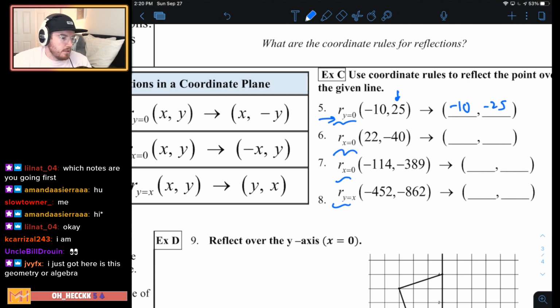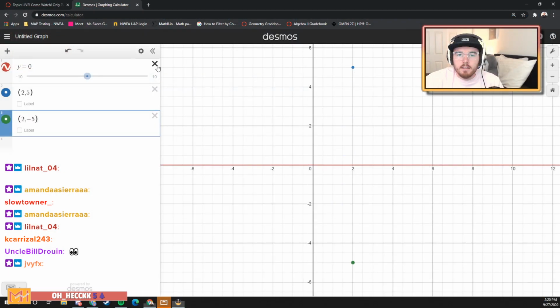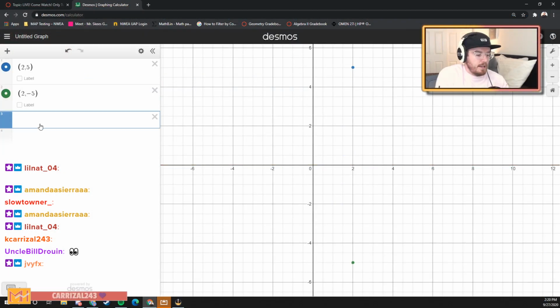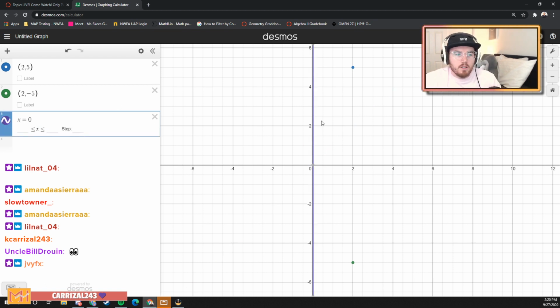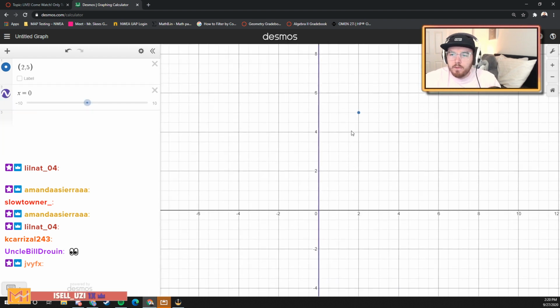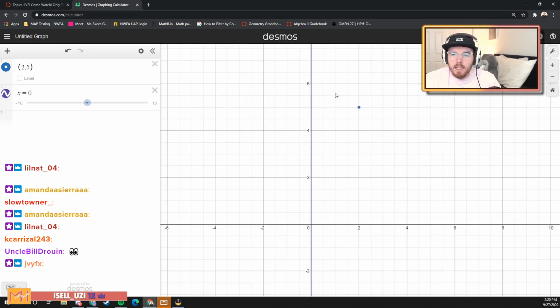All right, look at this line. X equals 0 is the vertical line, the y-axis. So now when I reflect this blue point, it's going to get reflected across. Instead of being 1, 2 to the right, it's going to be 1, 2 to the left as it gets reflected. So what's changing? The x value.